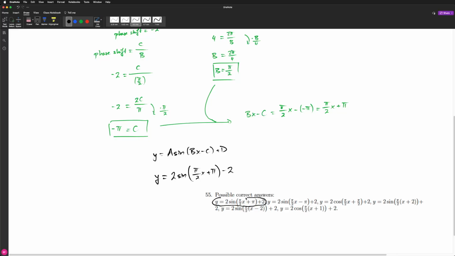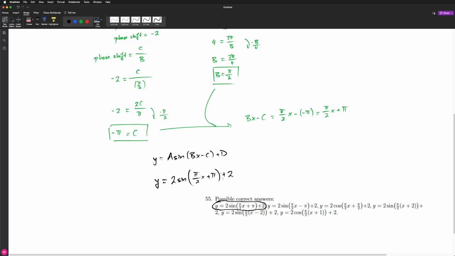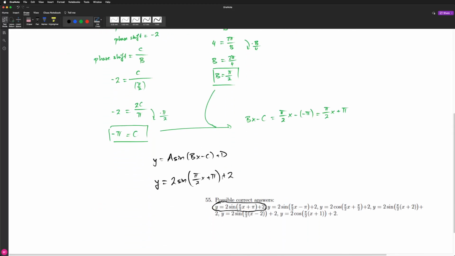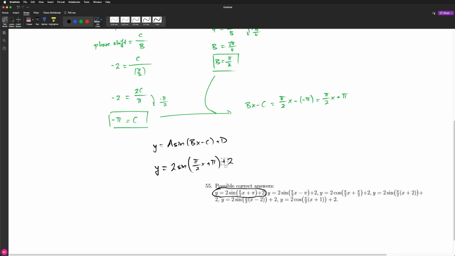Okay, it doesn't make it better than the other answers. They're all equally good. But we found it. Oh, that's not minus 2, it's plus 2. I'm sorry. Our D is plus 2, right? We shifted up. We found D to be plus 2. I just put the wrong sign here.